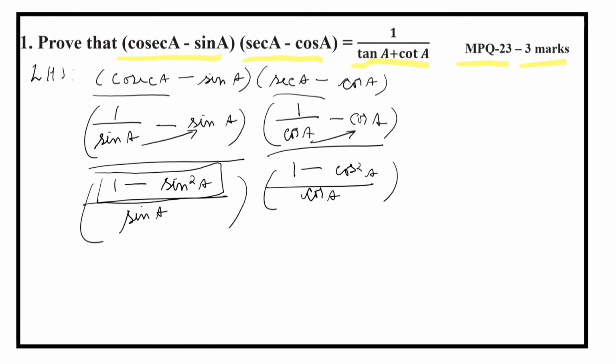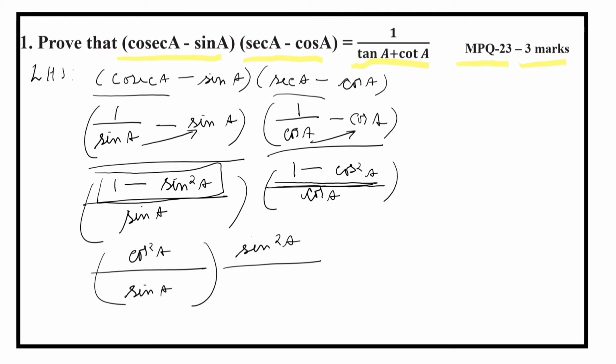So 1 minus sin square A is equal to cos square A upon sin A. Here also we can use the same identity. So 1 minus cos square A is equal to sin square A by cos A.